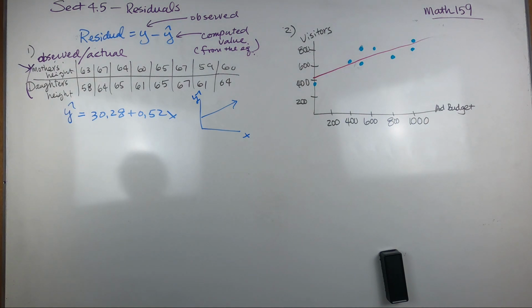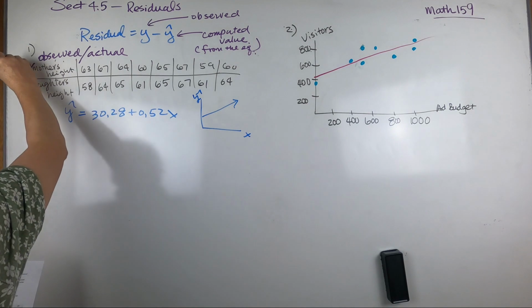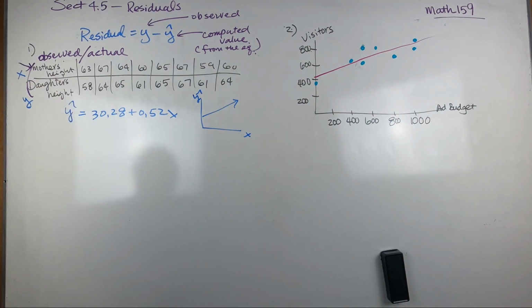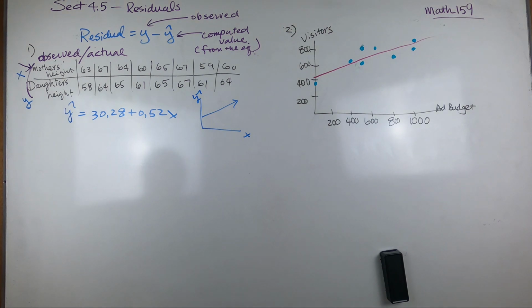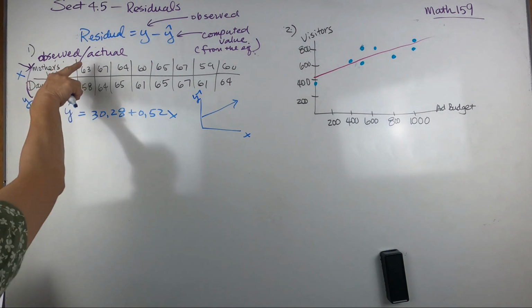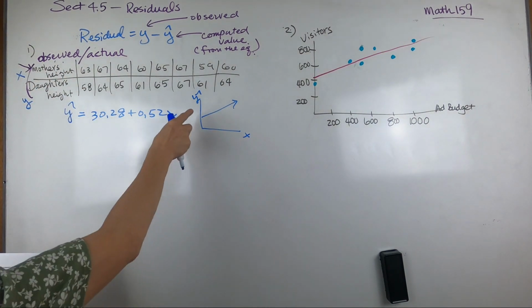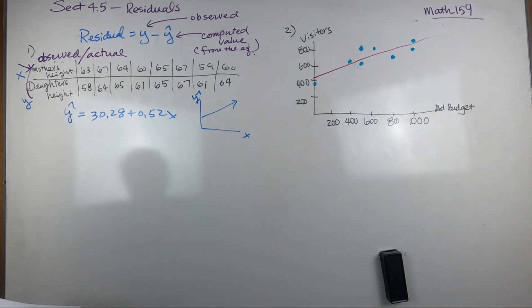Usually we put the top one as x and the other as y, because the daughter's height usually comes from the mother. It's not clear on this question. Other questions may be clearer. This one they didn't tell you, but we just assume x is the mother's height, then the daughter's height is y.